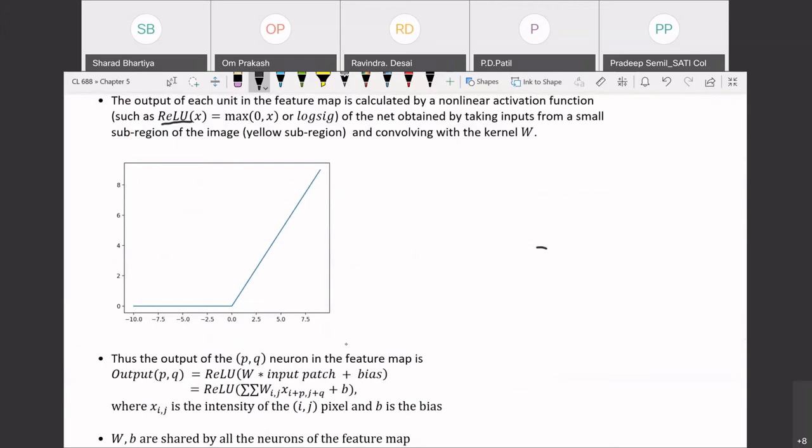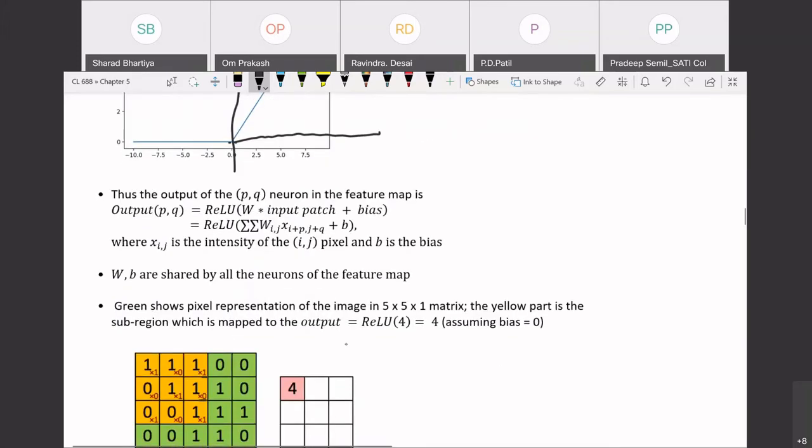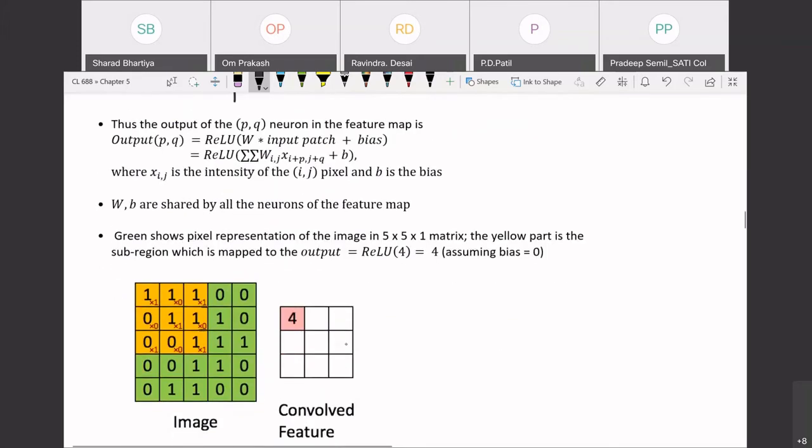It is zero, and on the negative side, the output is simply zero. On the positive side, the output is simply the input. And I think this is because you have numbers between 0 to 255, so negative intensities may not make sense. And so you have to keep it like that.